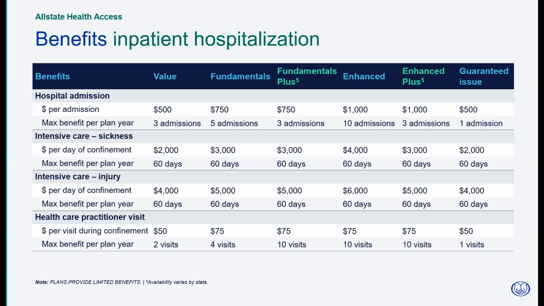That means that when someone is admitted into the hospital, that is what triggers this particular benefit. The benefit ranges from $500 all the way up to $1,000 per admission, and the maximum benefit per plan year ranges from 3 all the way up to 10 admissions per year.